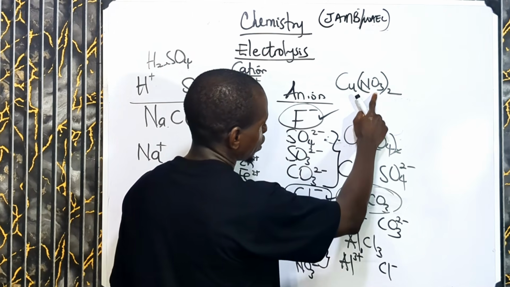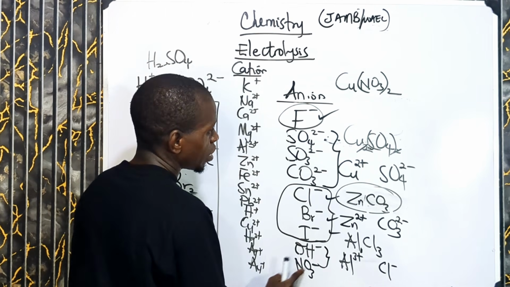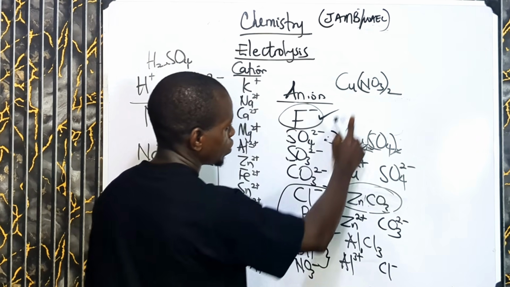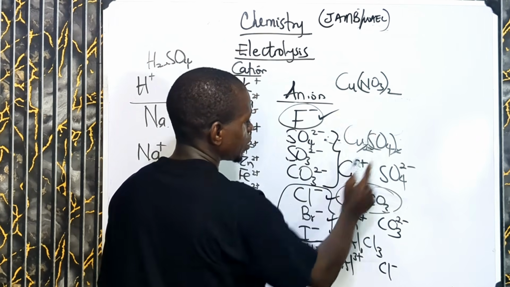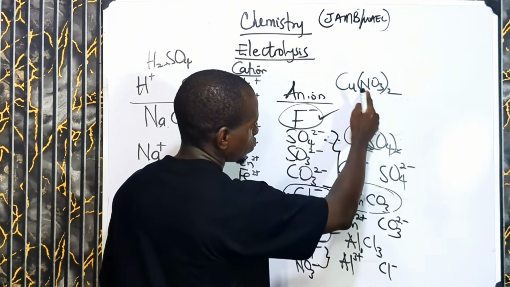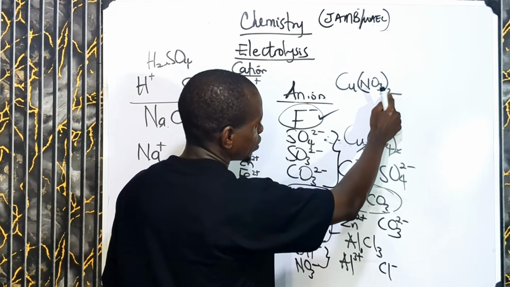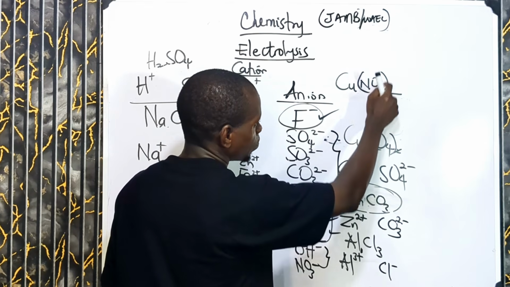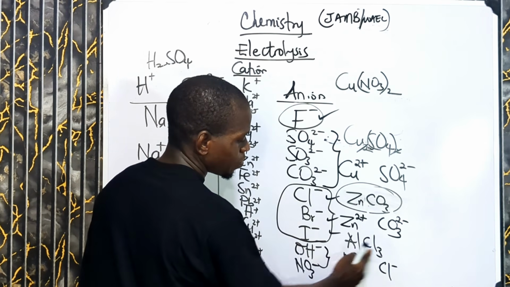This is actually a radical, like I told you before. And how do I know it's a radical? It contains 2 elements with a single charge. So this is a radical. But this radical is not like the one that is not in brackets. You see that the NO3 is all in brackets with a number. So since this one is all in brackets with a number, I will apply the principle that I used here.